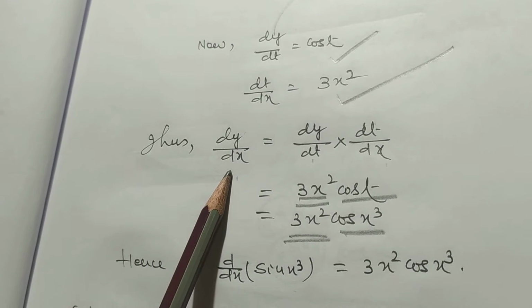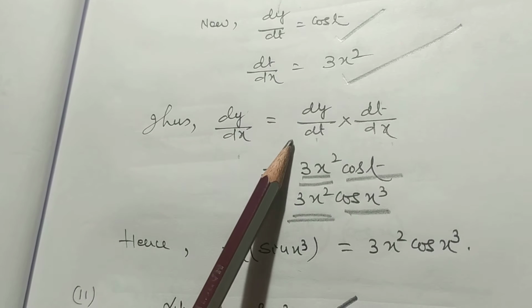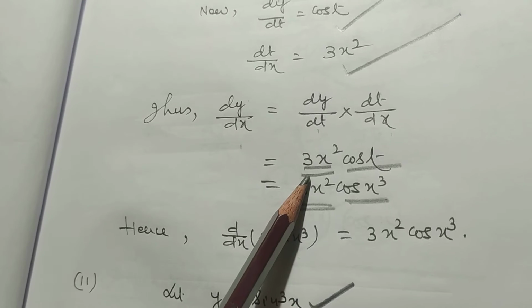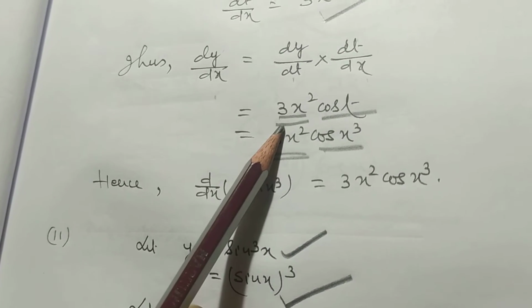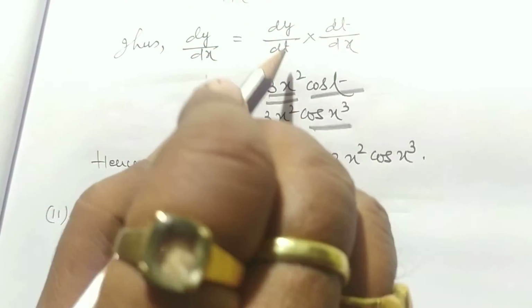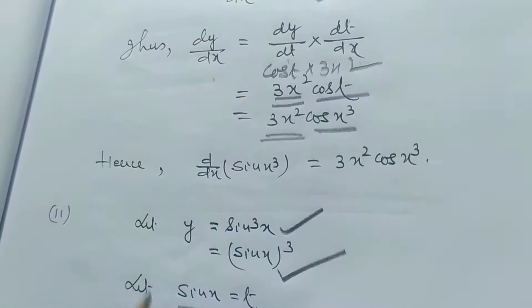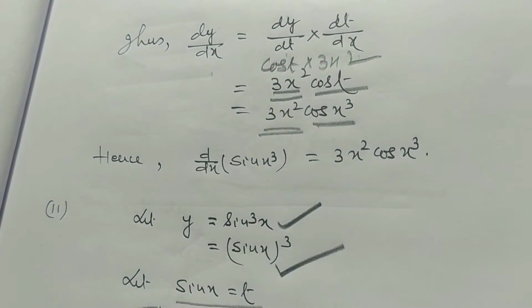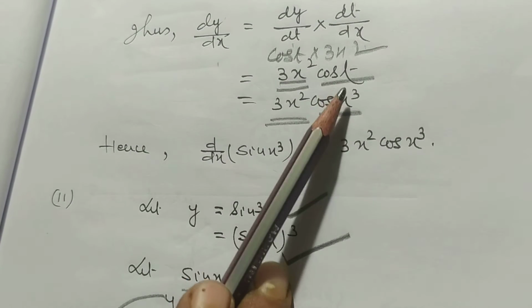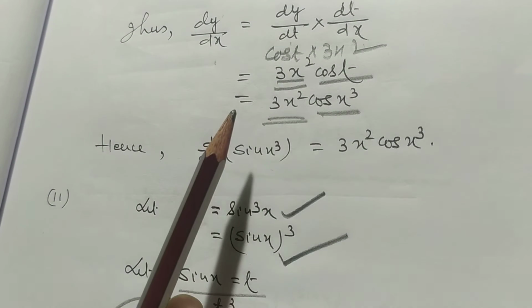Thus dy by dx is equal to dy by dt into dt by dx, that is cos t into 3x square. So after solving we have 3x square cos t, and putting the value of t is equal to x cube, it will be 3x square cos of angle x cube.